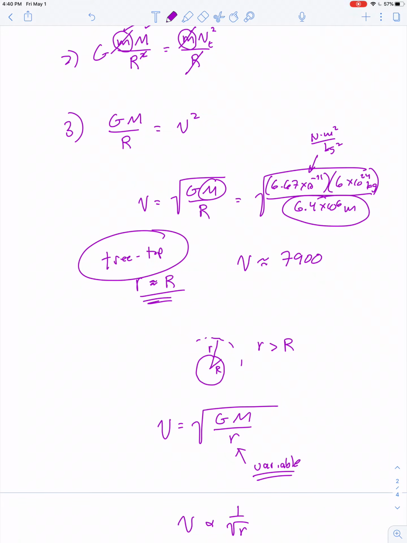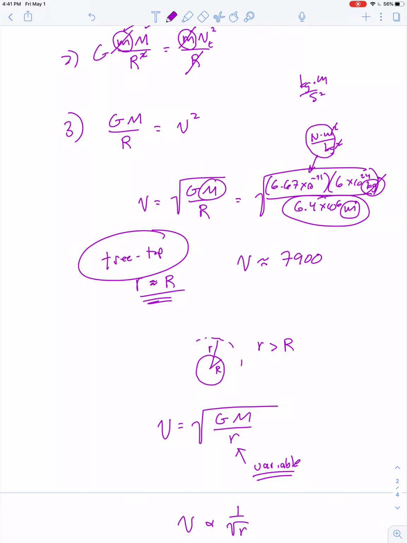Now, what are the units? Okay, let's see. We've got a kilogram, and that's going to cancel one of the kilograms. Meter, I'm going to cancel one of these meters. So we're left with Newton meters per kilogram, but a Newton is a kilogram meter per second squared.